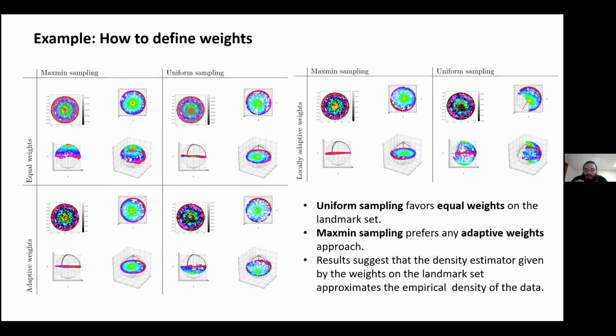What this is telling us is that the weights we assign to the landmarks should somehow resemble the underlying distribution, or the empirical distribution, of the data set. So this is the intuition of what this example is telling us: how the weights could be selected to obtain good quality maps.